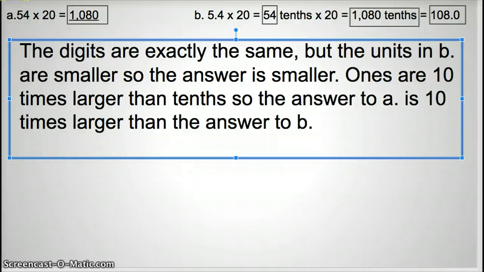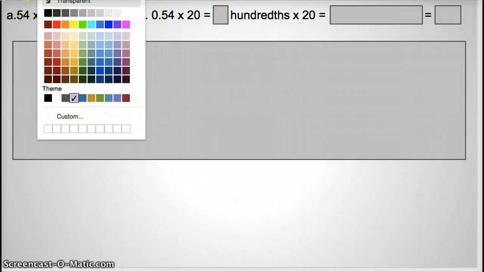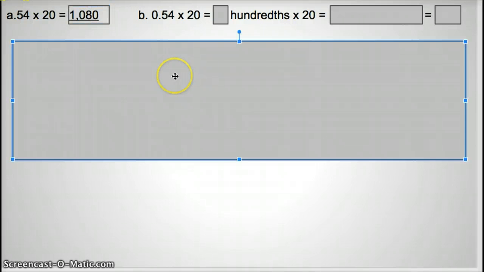Let's look at another problem. I'm going to use the same numbers, just putting them in different place values. So this one is 54 times 20, which we already know is 1080. But now I don't have 5.4 over here. I have 0.54. So it's not 54 tenths anymore, it's 54 hundredths.